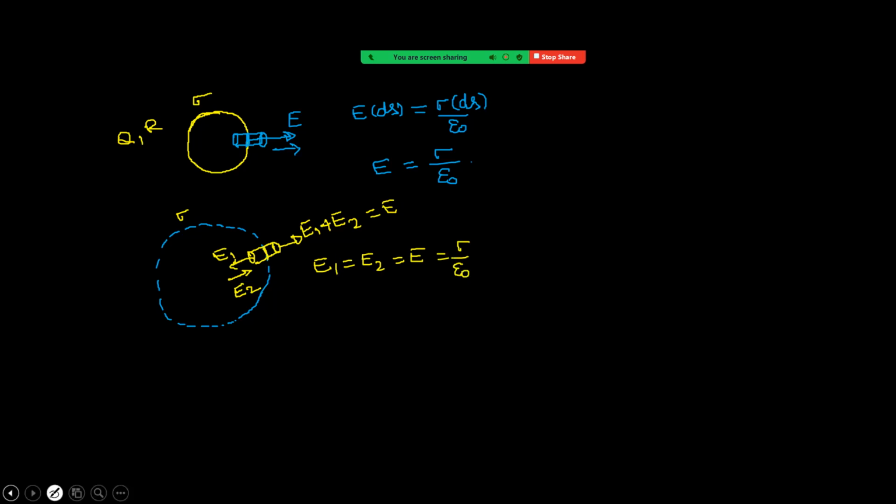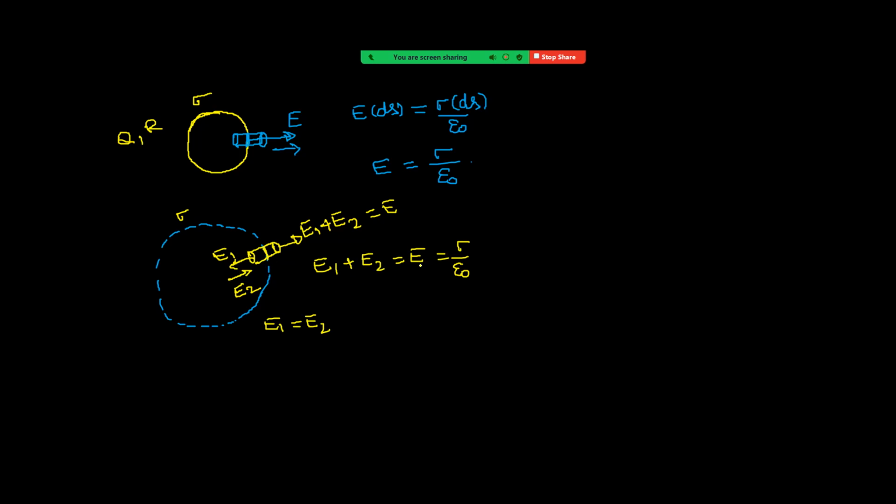So E1 plus E2 equal to E. The modulus of E1 equals E2, that's why the field inside is 0. Net field is 0.